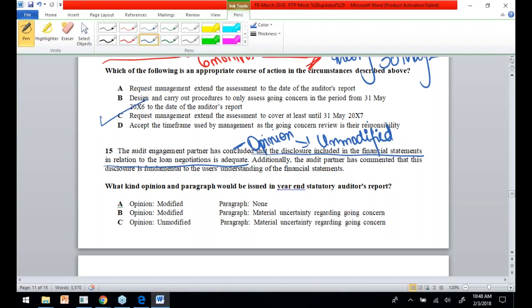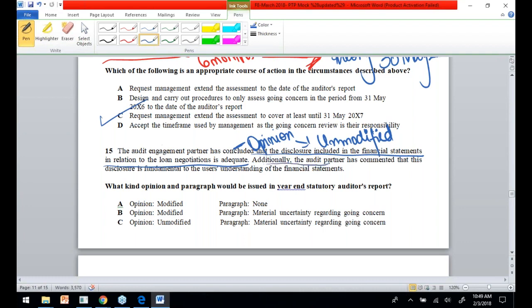Remember, if there are no errors in financial statements, then there should be no reason to modify the audit opinion. Opinion will only be modified if the management has not given appropriate disclosures regarding going concern in financial statements. Since you've already been told that the disclosure is appropriate, opinion would be unmodified.